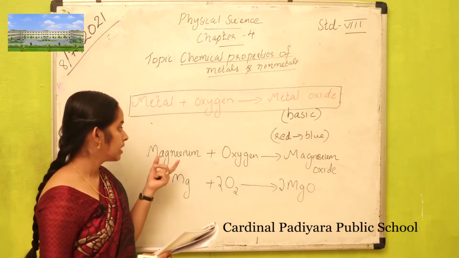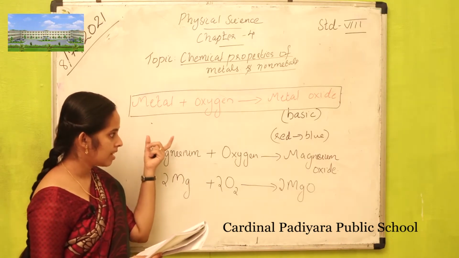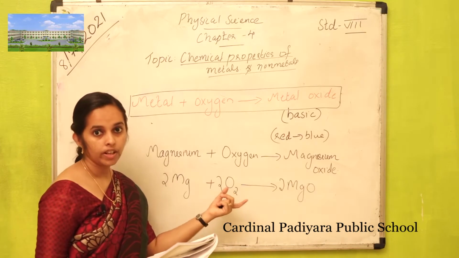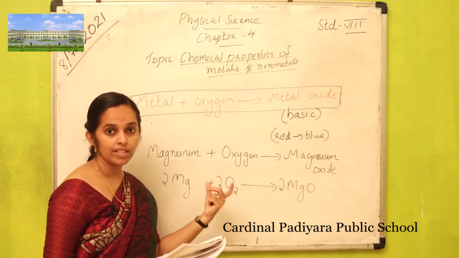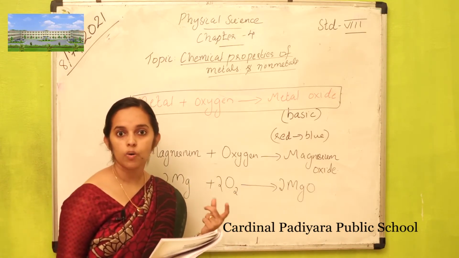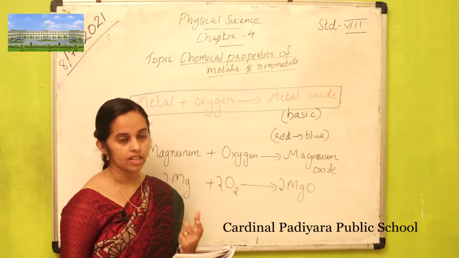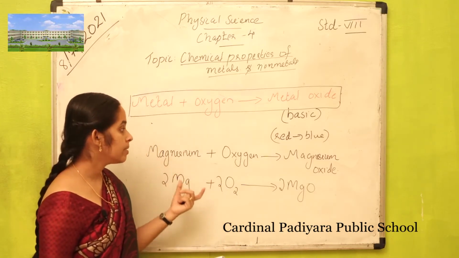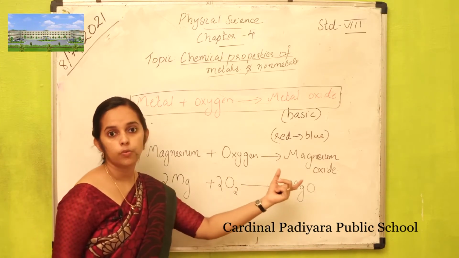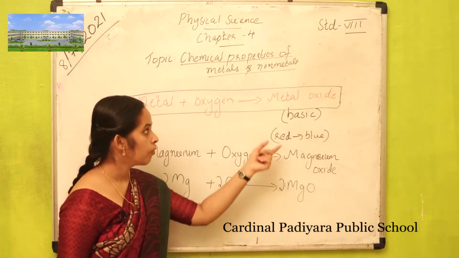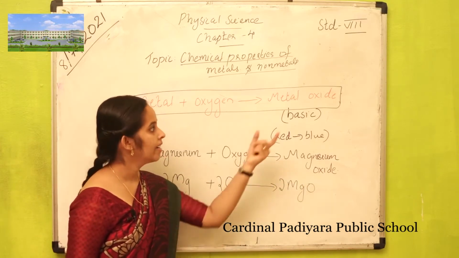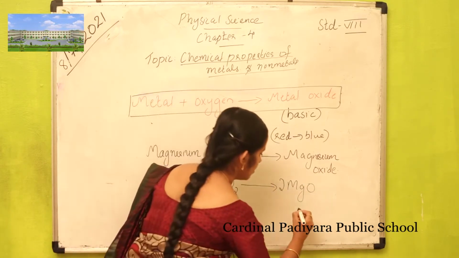So magnesium, a metal, can burn in air, which means it reacts with oxygen, since air has oxygen for burning. Magnesium burns here, which means magnesium reacts with oxygen to form magnesium oxide. What about the nature of this magnesium oxide? It is basic in nature, isn't it? Basic.